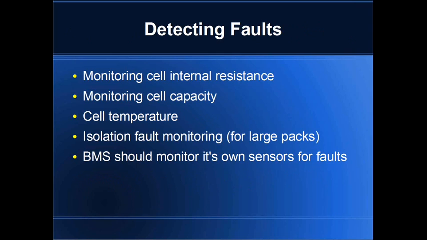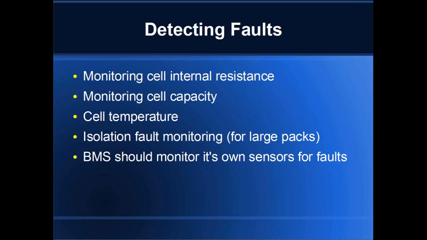Monitoring the internal resistance of the cell. You can sometimes do this in certain applications if you have lots of changes in current. You can measure the change in voltage versus the change in current, and you can determine the internal resistance of the cell by looking at the difference there, just using Ohm's law.